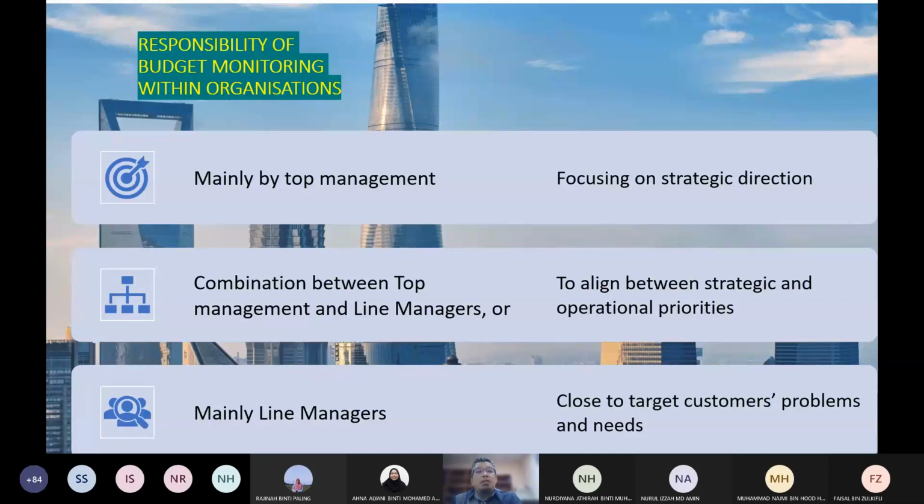Is responsibility for budget monitoring still mainly with top management? Top management can focus on strategic directions, a combination to align strategic and operational priorities. And of course, the advantage of monitoring by line managers is that they are very close to target customers' problems and needs. So in other words, if the agency is a bit bureaucratic in nature, there may still be miscommunication between line managers and target groups.